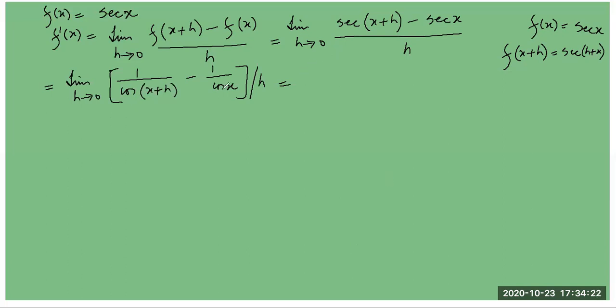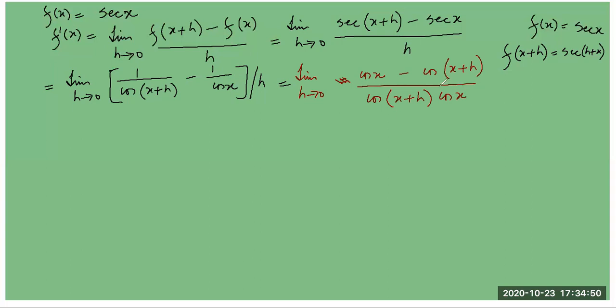So I'll take the LCM, cos x into cos of x plus h. So this will be limit h approaches 0, cos x minus cos of x plus h, divided by the multiplication of cos of x plus h into cos of x.